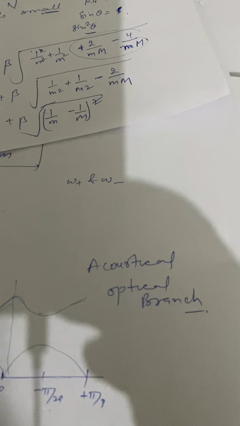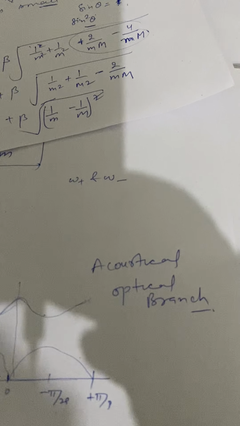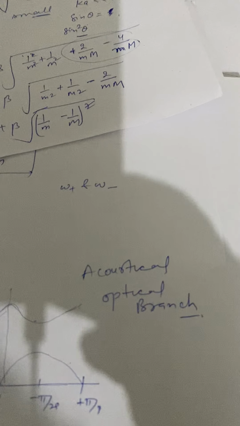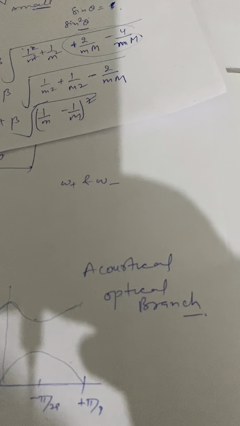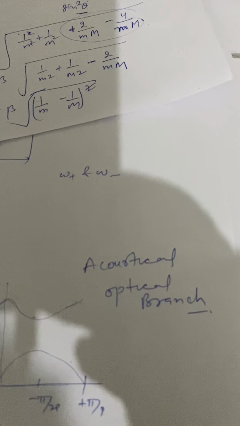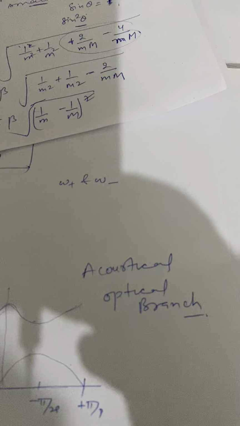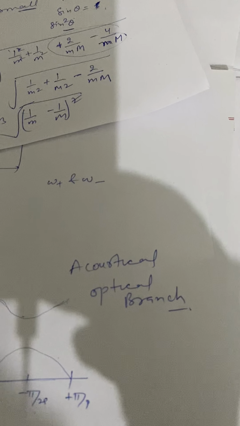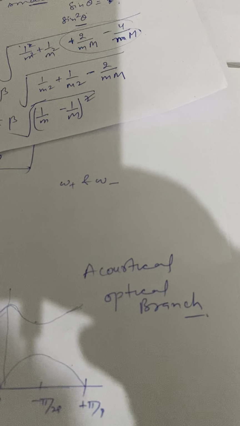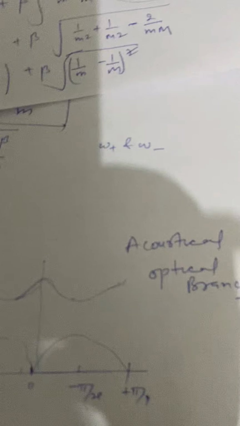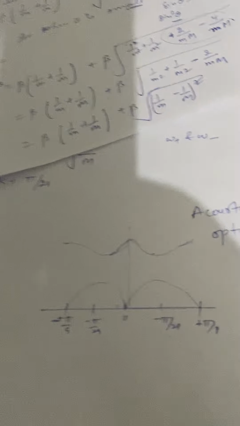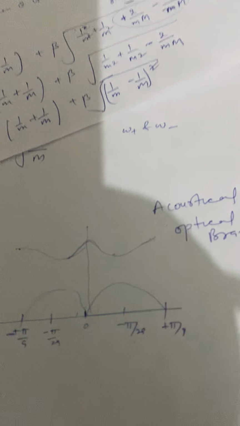So we have acoustical and optical branch. What is the difference between them? In the case of the optical branch, the two types of atoms move opposite to each other, meaning the vibrations of these two atoms in the optical branch are in opposite directions, but in the acoustical branch the vibration is in the same direction.